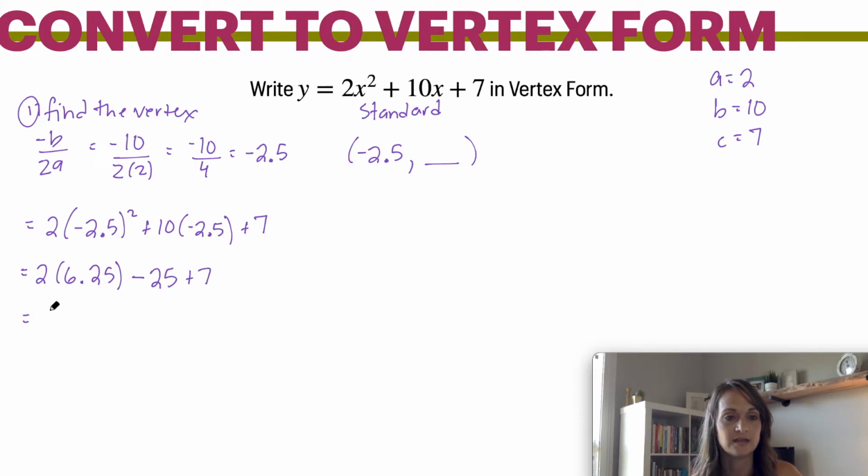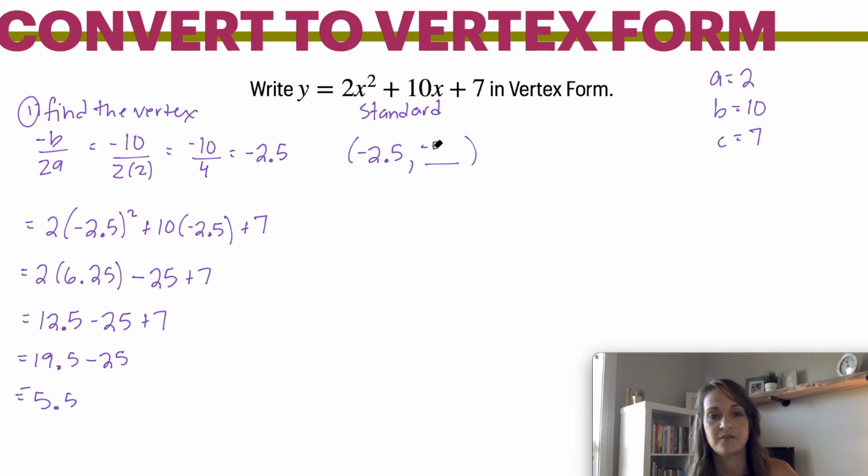So we will get 12.5 minus 25 plus 7, which will give us 19.5 minus 25, which will give us -5.5. So -5.5 is our y coordinate.